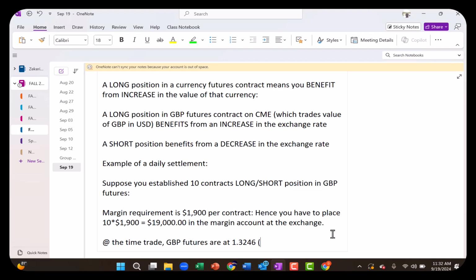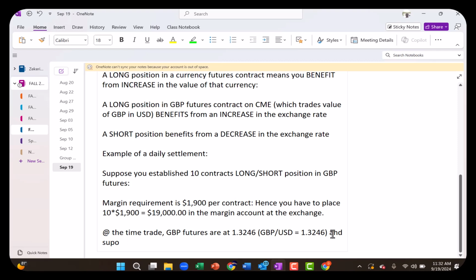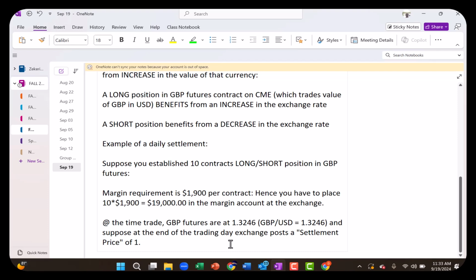Okay, which means GBP USD is... and suppose at the end of the trading day, which I do believe is 3 o'clock Central Time, but you can check, exchange posts a settlement price of 131.50. Okay.